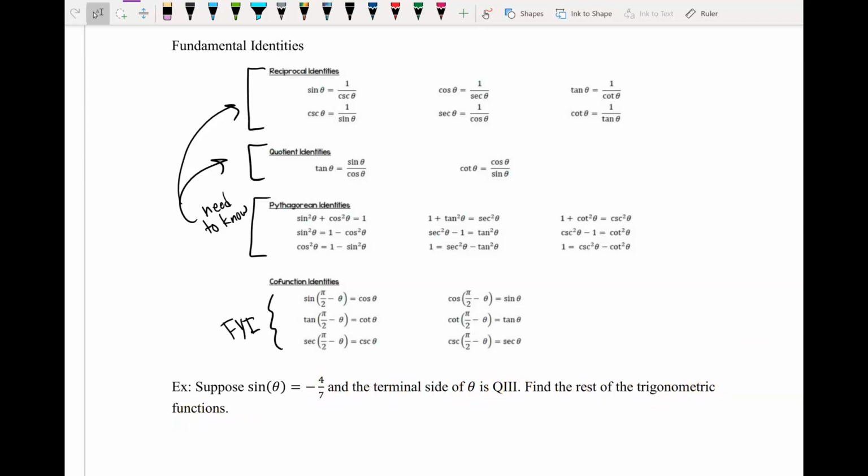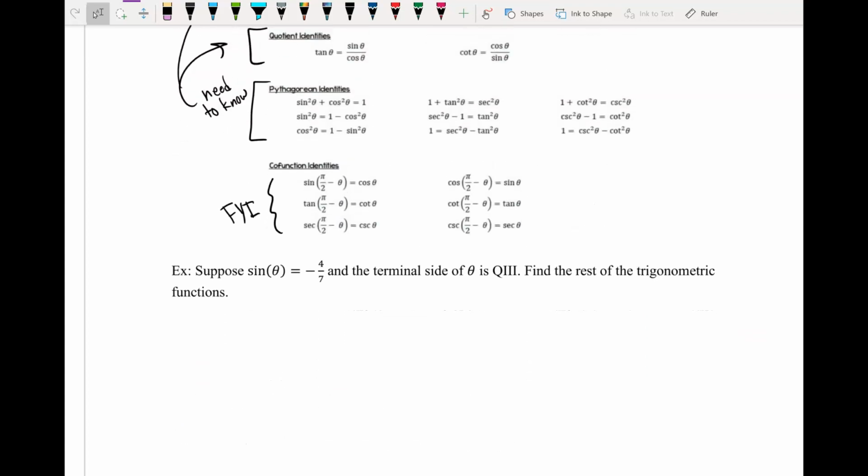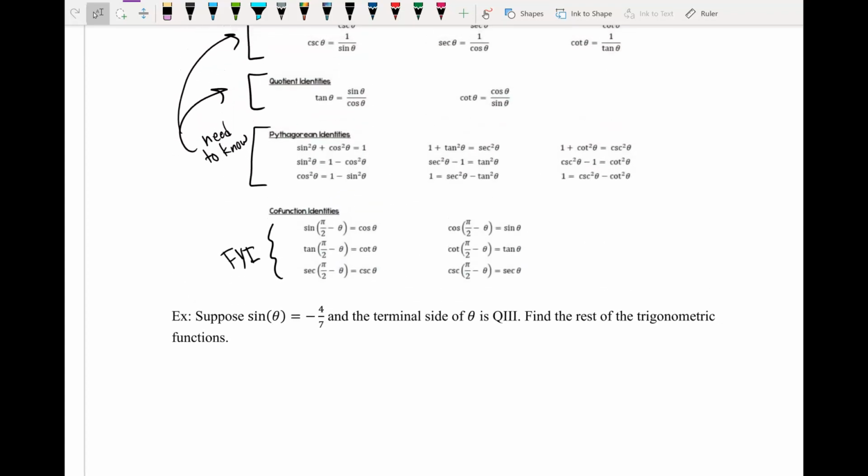Now, before we start off with this problem, there's something that I do want to show you guys. Whenever we think about quadrant 1, quadrant 2, quadrant 3, and quadrant 4, there's a way to note when all of these functions are going to be positive and negative. For example, in quadrant 1, all trig functions are positive.